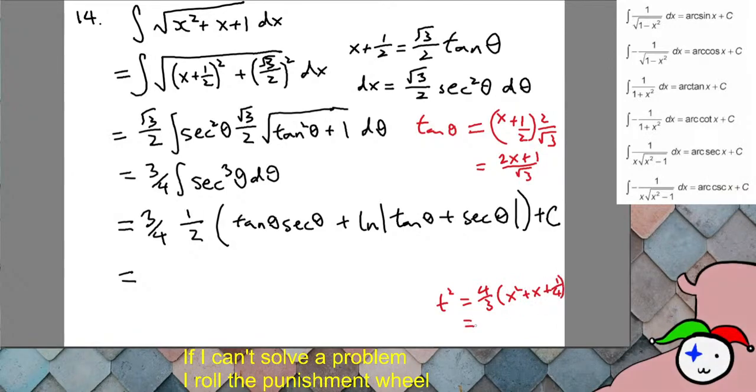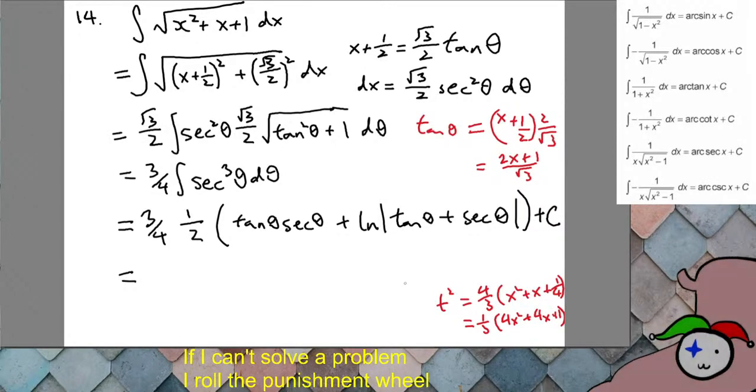So it's 1/3 x squared plus x. Oh no. 4x squared plus 4x plus 1 to simplify a little.